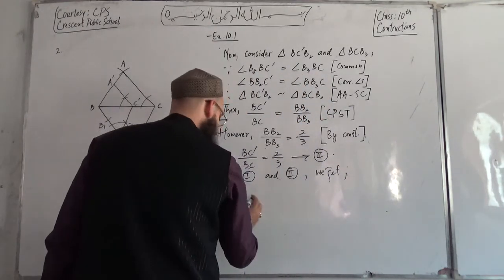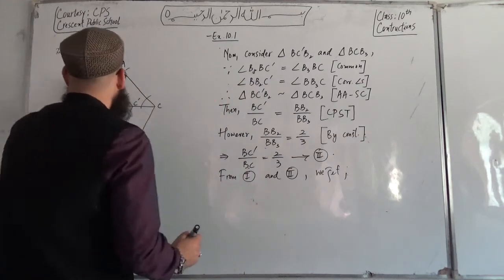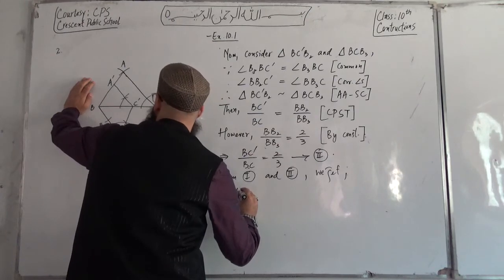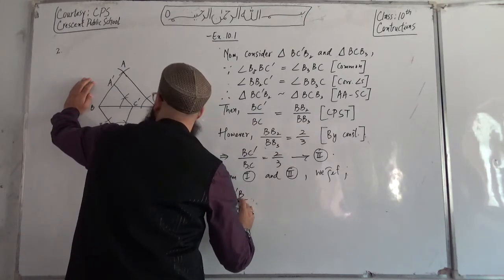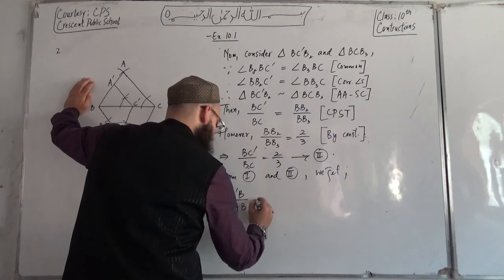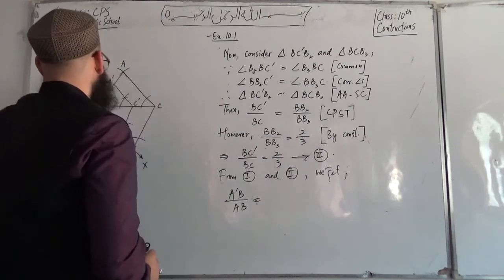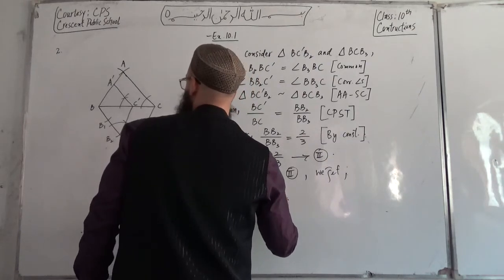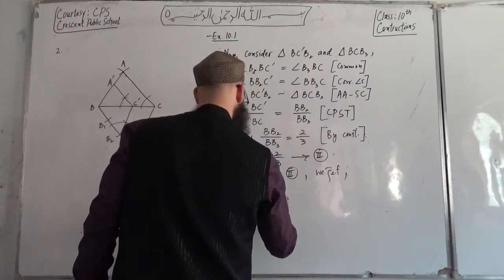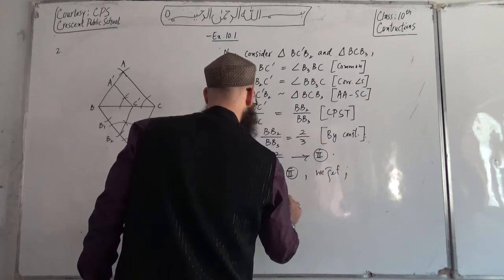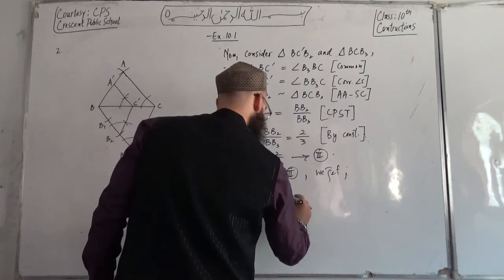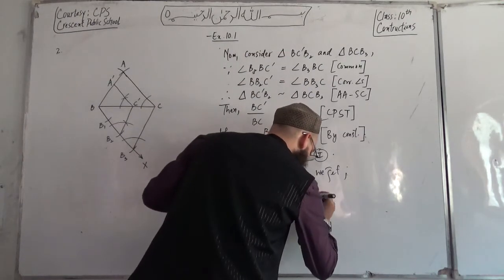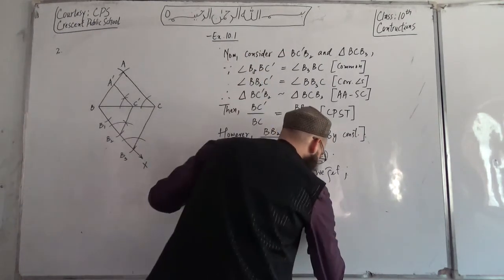From first and second we get A dash B by AB is equal to A dash C dash by AC is equal to BC dash by BC.